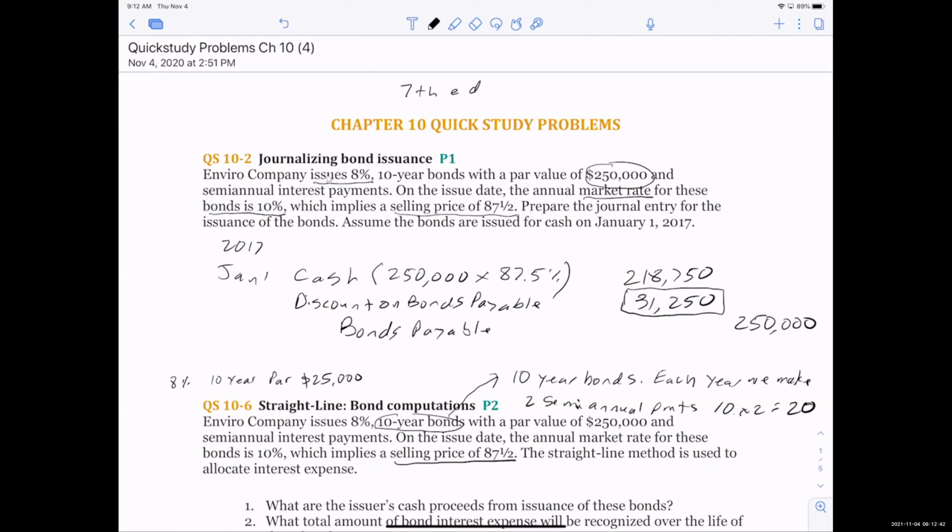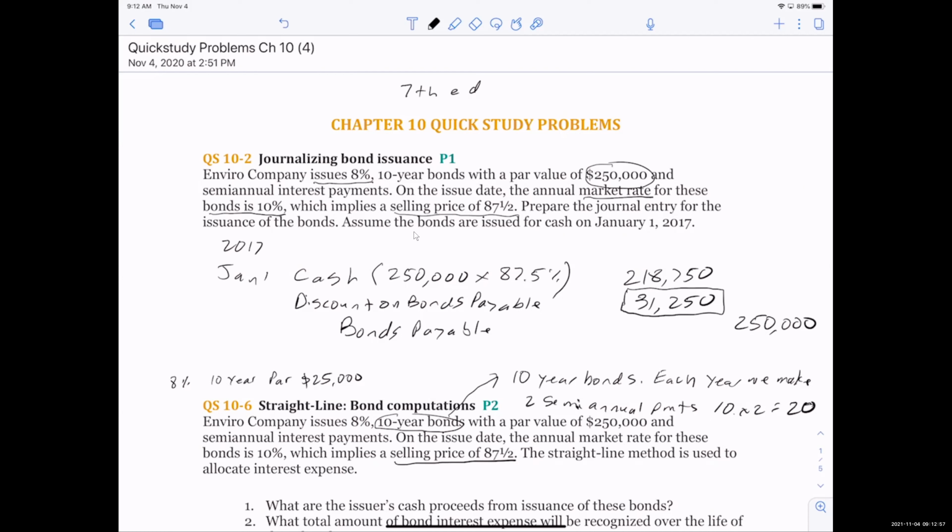So you're going to have to issue these bonds at a discount. We're offering 8%, but the investor can get 10% somewhere else. So we have to issue it at a discount so that it's equivalent to 10%.